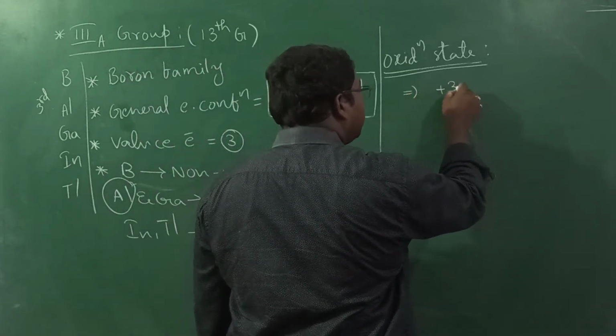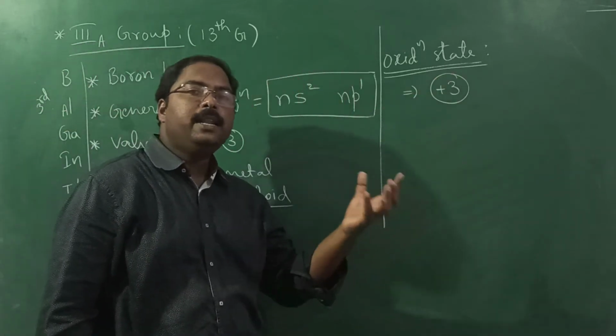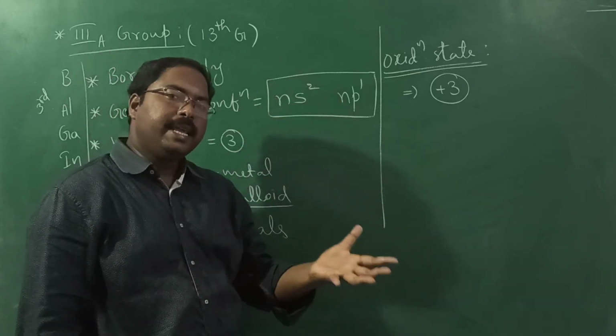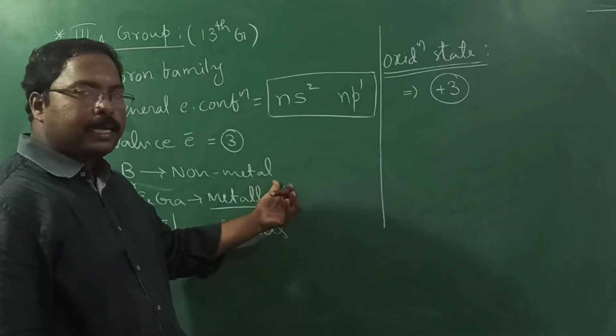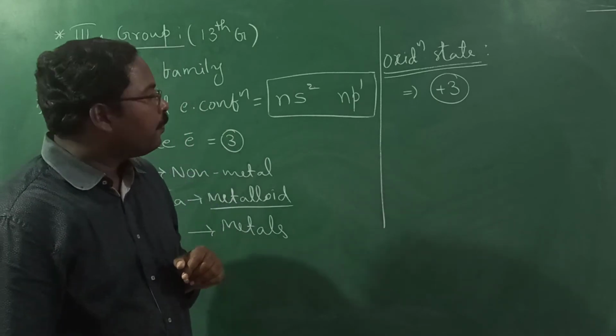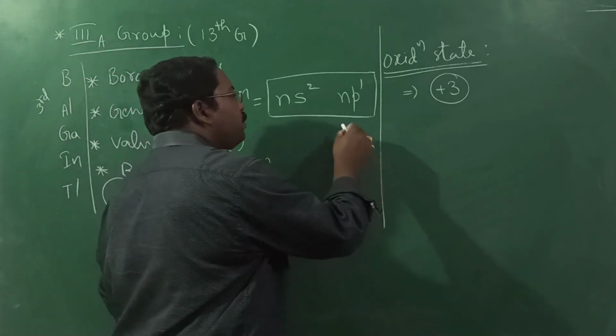They exhibit plus 3 as the common oxidation state, because it is more difficult to gain 5 more electrons. So even though it has non-metal character, it will be ready to lose those 3 electrons.